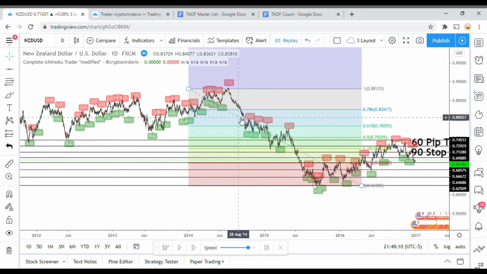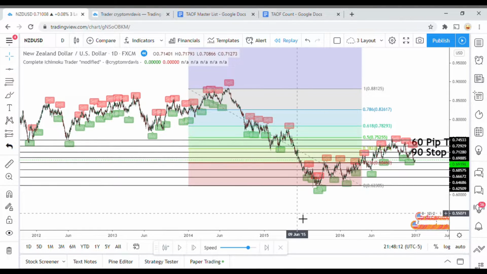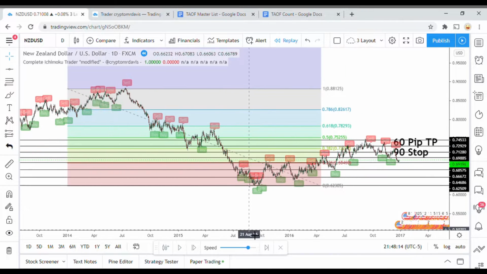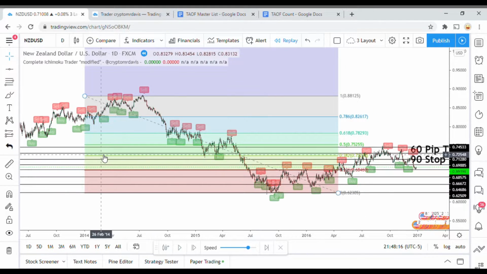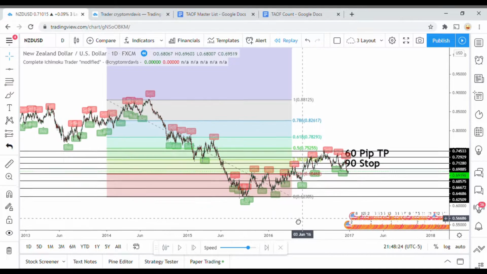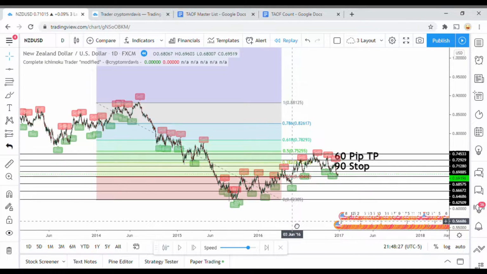Now, it won't give you as many levels as going through and marking out the individual areas of market structure, and so that can be somewhat problematic.